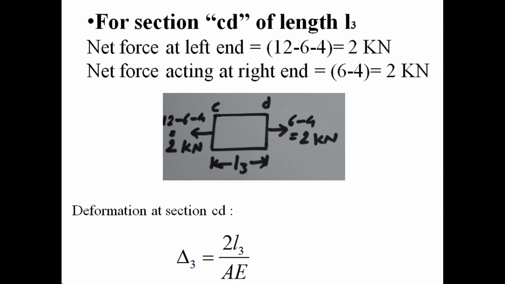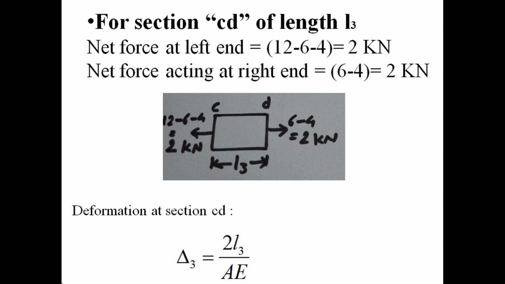Similarly, we take the third section, section CD of length L3. Here we have to find the net force at the left end as well as at the right end. You can see in the diagram the net force at the left end is 12 minus 6 minus 4, which is equivalent to 2 kilonewton, and the net force acting at the right end is 6 minus 4.